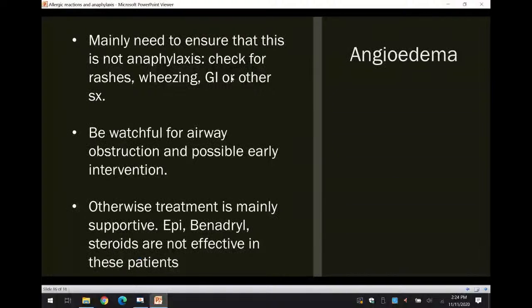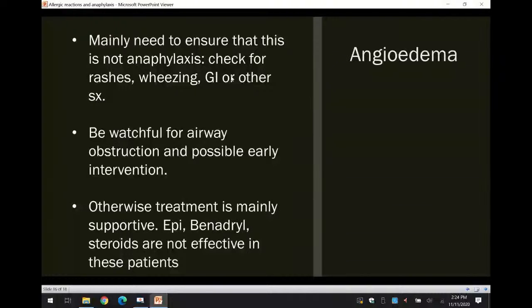The biggest thing is trying to ensure that there's no airway compromise for these people. It can happen very quickly. Oftentimes, we're able to just observe these patients in the ER, and it usually goes down on its own.